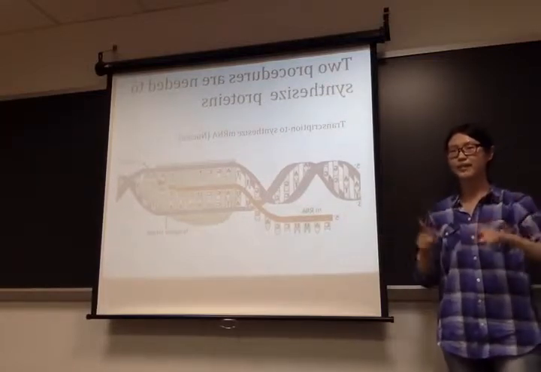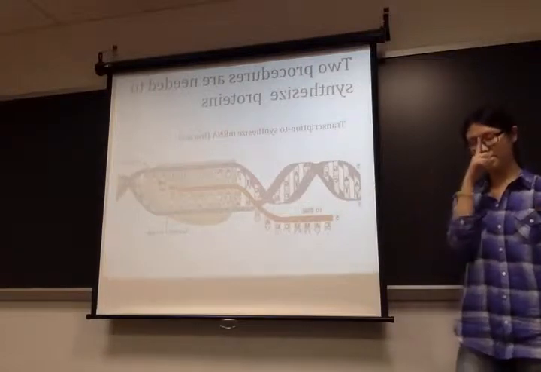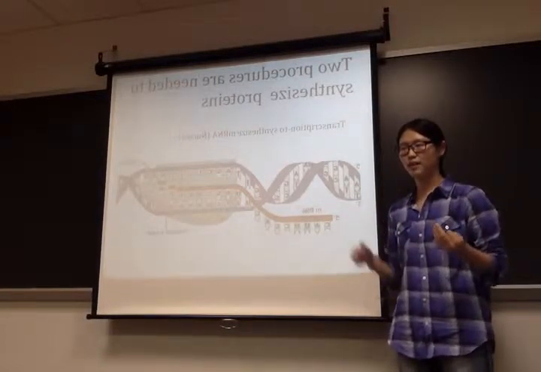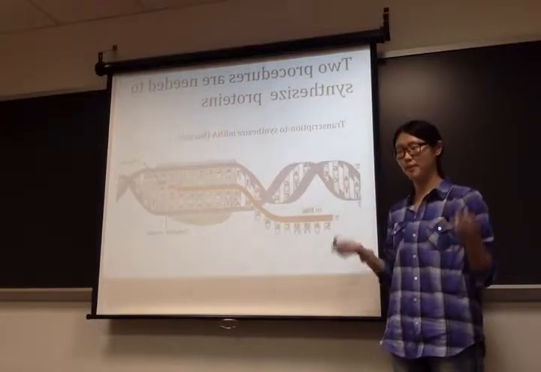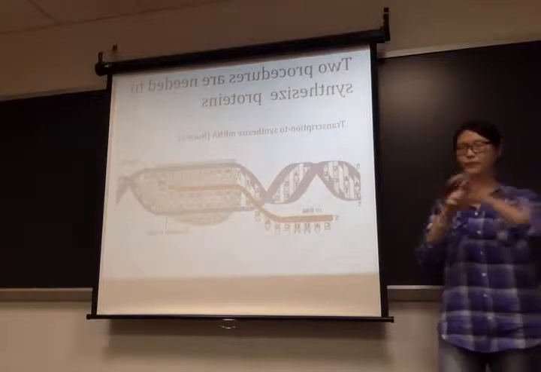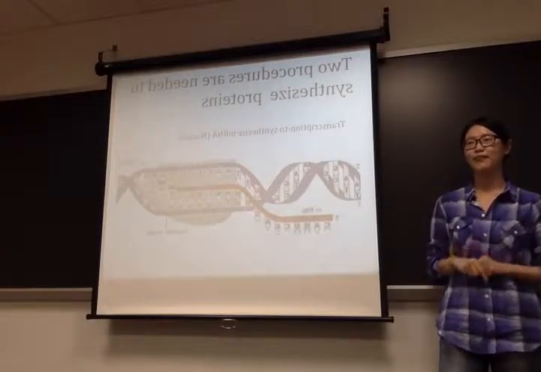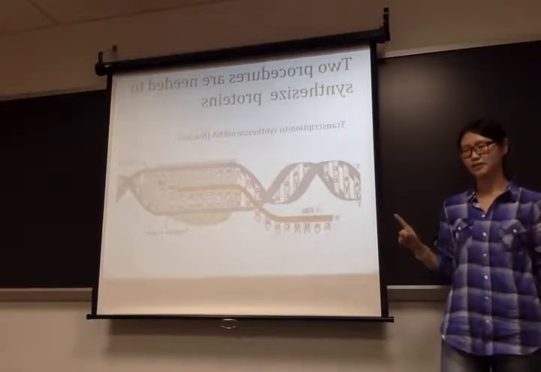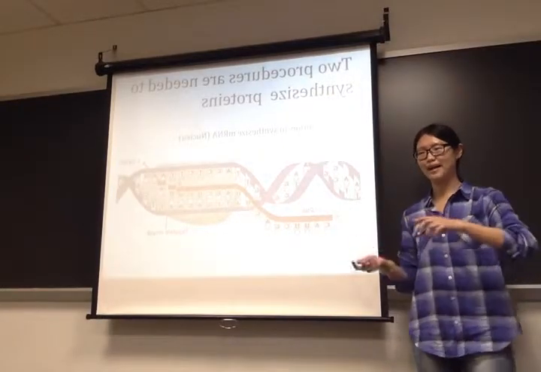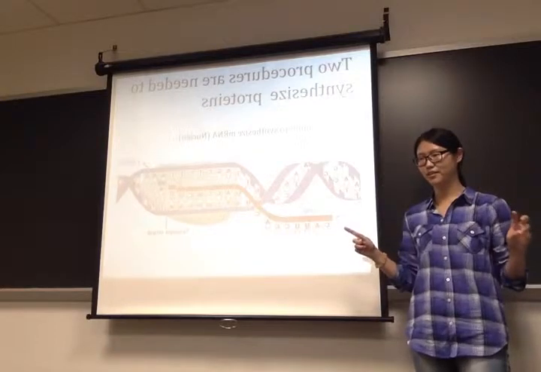To get the right protein, we have proteins with different sizes, different shapes. Also, we have 20 kinds of amino acids. So what do I mean? Let's say we want to have a protein with 10 amino acids. So we have a lot of combinations to get this kind of structure, right?